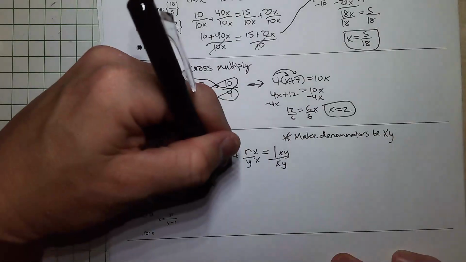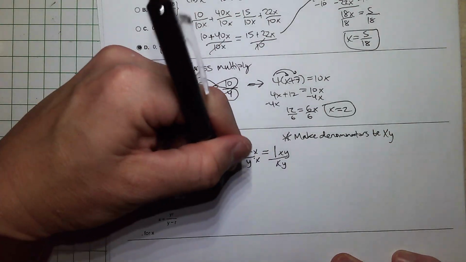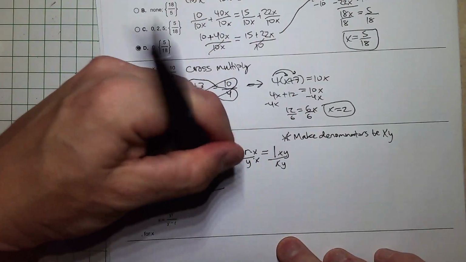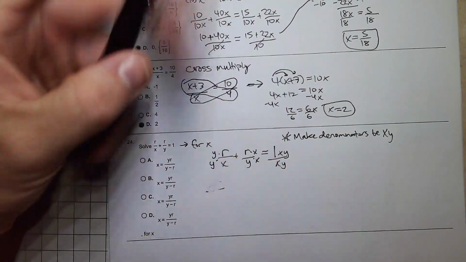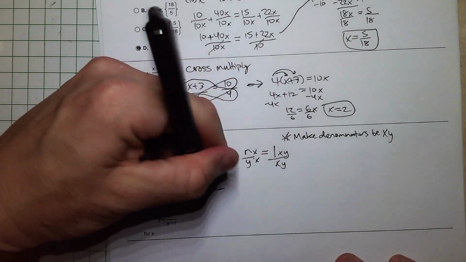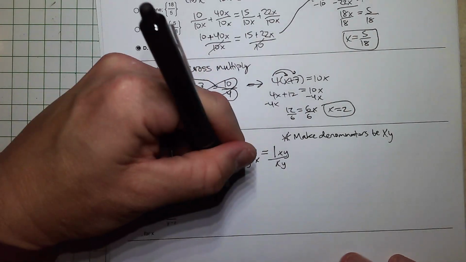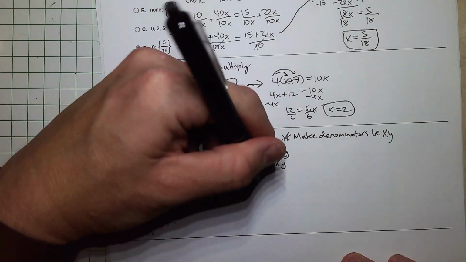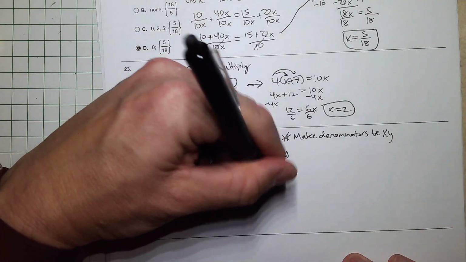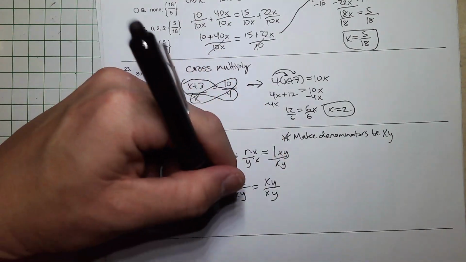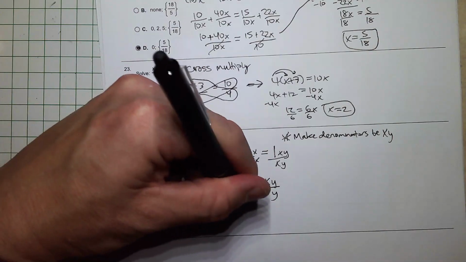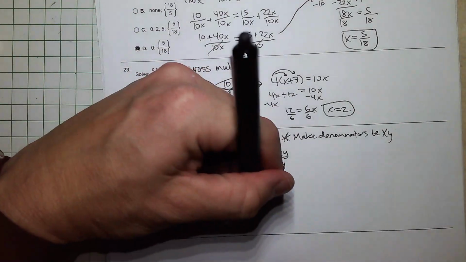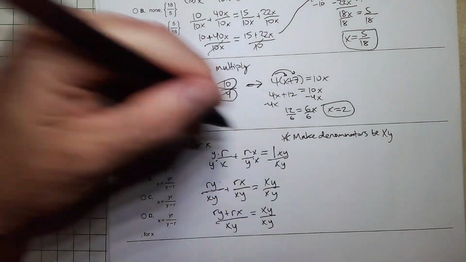I'm going to do them in alphabetical order. Anytime I have two letters times a letter, I want to do them in alphabetical order. So ry divided by xy plus rx divided by xy is equal to xy divided by xy. So this becomes ry plus rx divided by xy equals xy divided by xy.